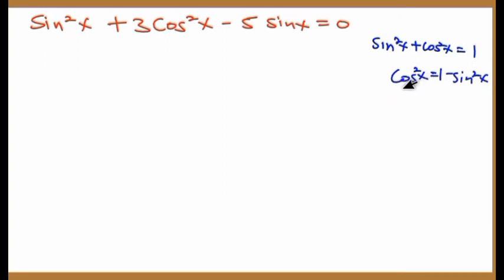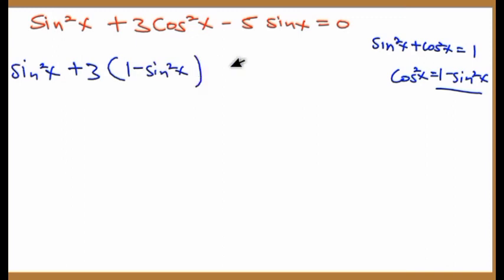So in place of cos squared x, I will put 1 minus sin squared x: sin squared x plus 3(1 minus sin squared x) minus 5 sin x equals 0.